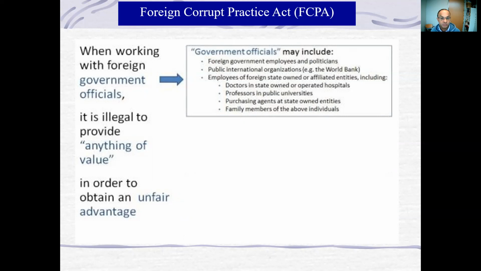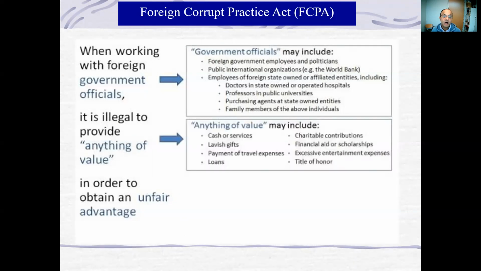giving examples of those officials like doctors in state-owned or operated hospitals, professors, purchasing agents, family members of the above individuals, but also the circle of those employees might be expanded. And then what is the value they should not take, and we should stop them from taking this value.